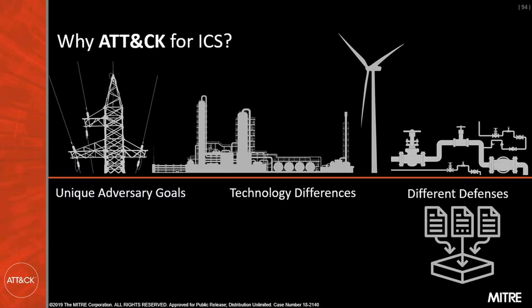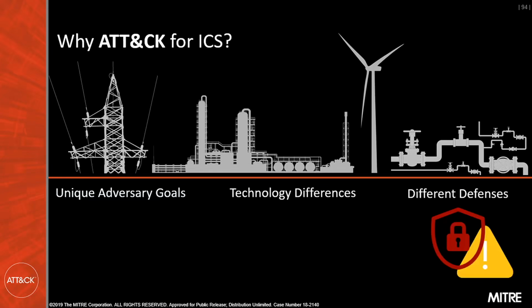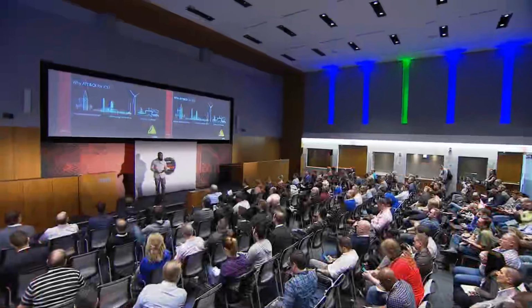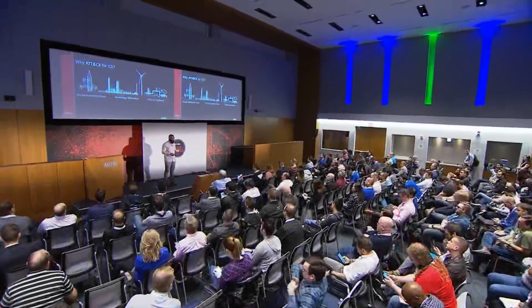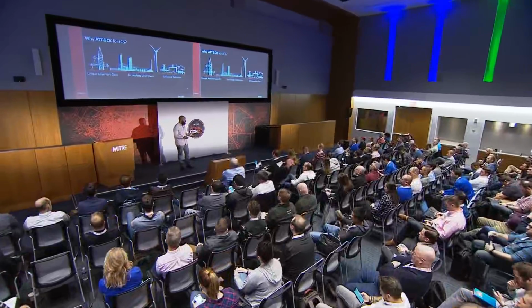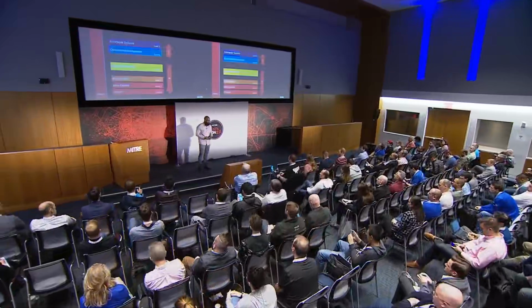We also have to think about the protocols. And the last thing I want to highlight is, if we're thinking about mitigations or security controls, we don't want them to affect safety. We really don't want to be a part of the problem. So these are a lot of unique considerations that we have, and I think this is the why we want an ATT&CK for ICS.